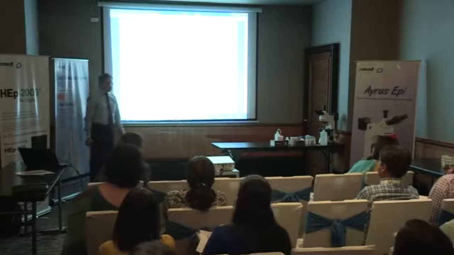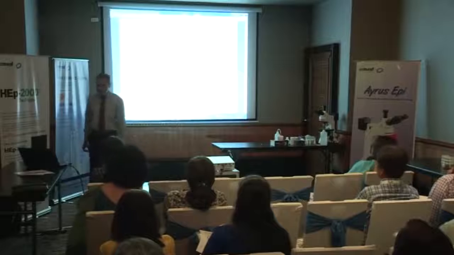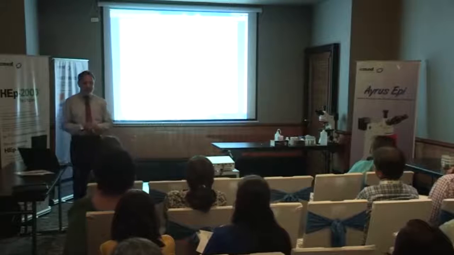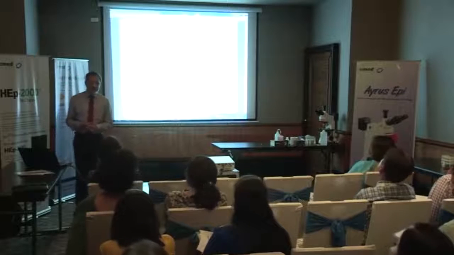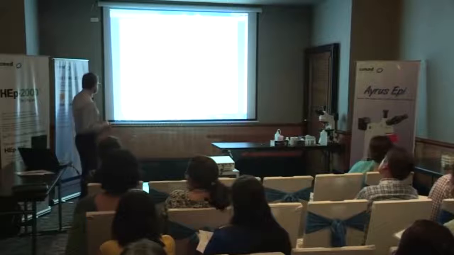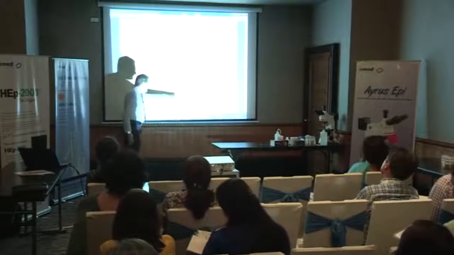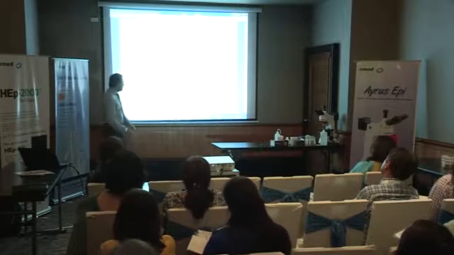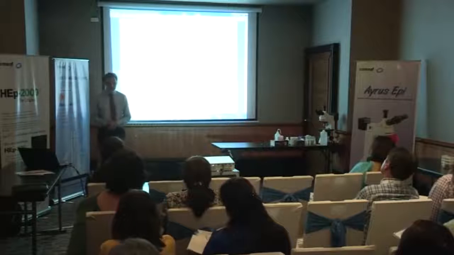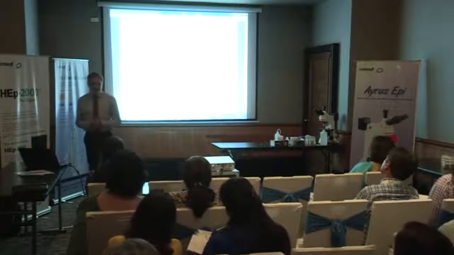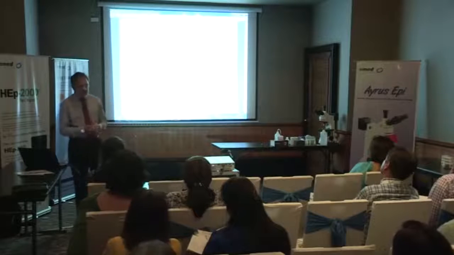Another problem is that the IF is positive and the other tests are negative. That commonly occurs with the speckled or nucleolar patterns, or maybe the test you are using for confirmation has a limited number of antigens on it.